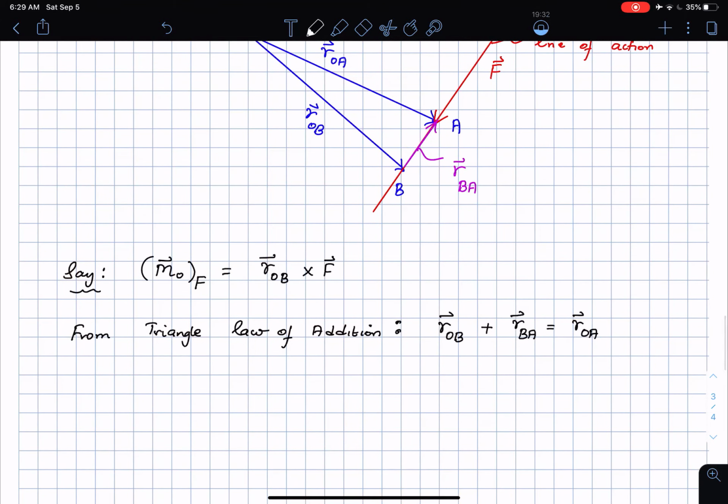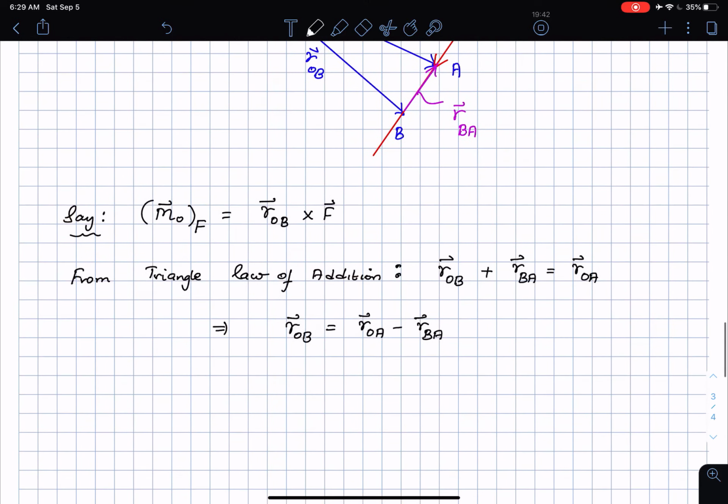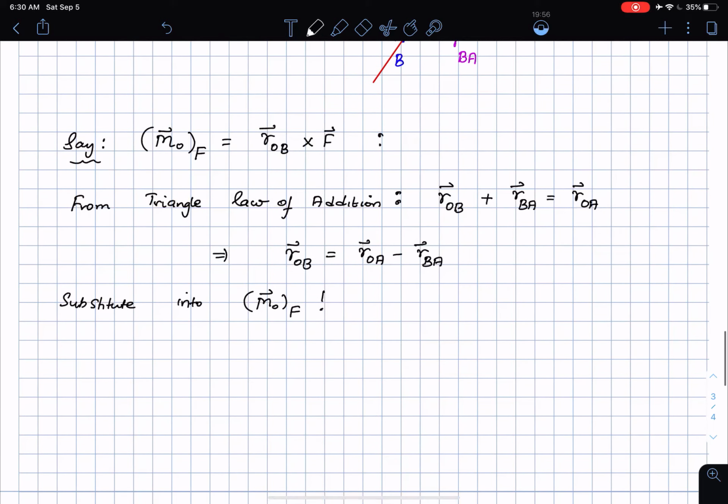Which means that the vector R_OB is vector R_OA minus the vector R_BA. Then I'm going to substitute this into the moment of F, by the definition.